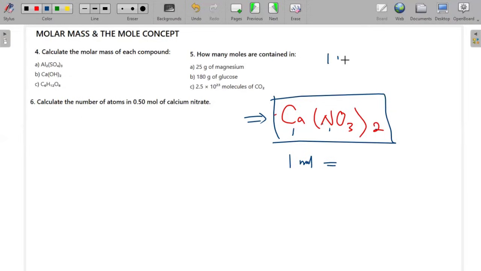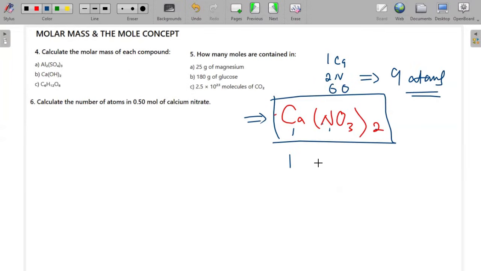So it has 1 calcium, 2 nitrogen, and then 6 oxygen, like that. So the total atoms that are present in one molecule of this is just 9 atoms.